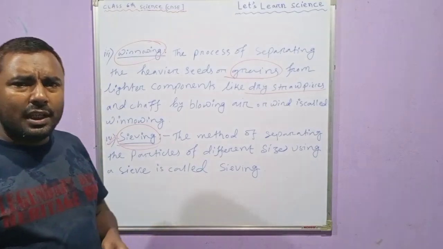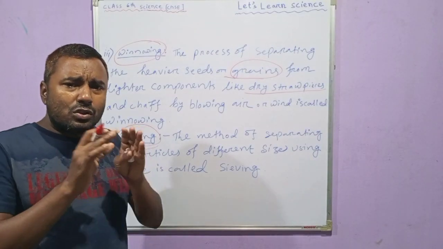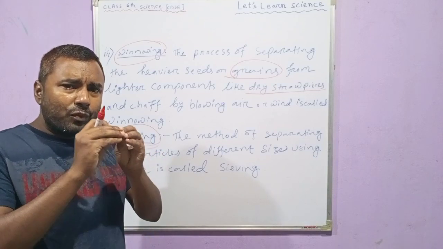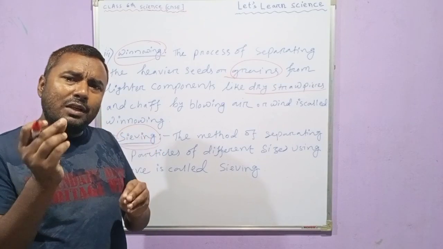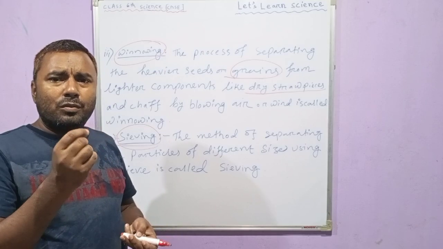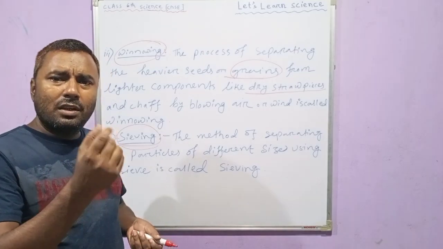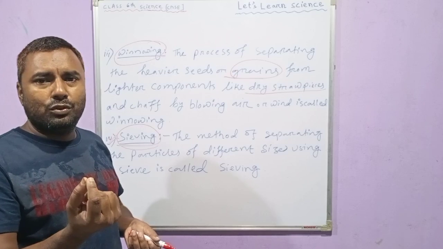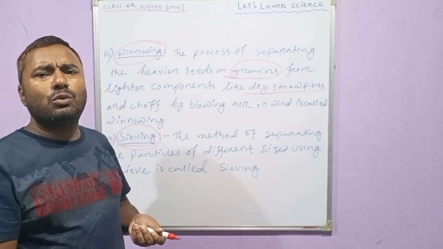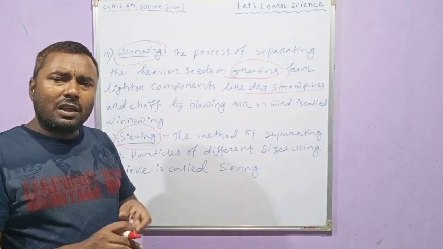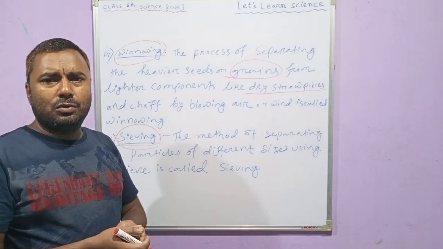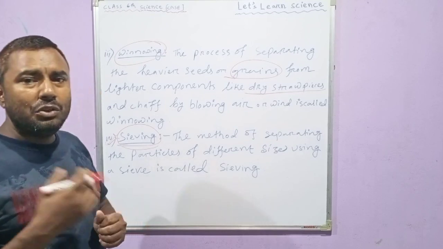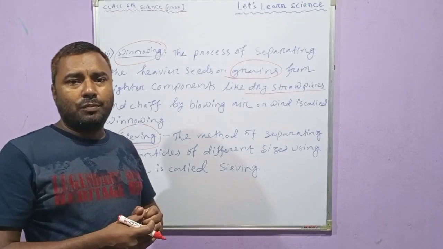Through these pores, only those particles pass which are equal to or smaller than the size of the holes in the sieve, and other particles are retained on the sieve. So the process of separating particles of different size using a sieve is called sieving.